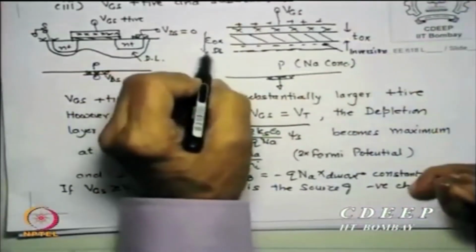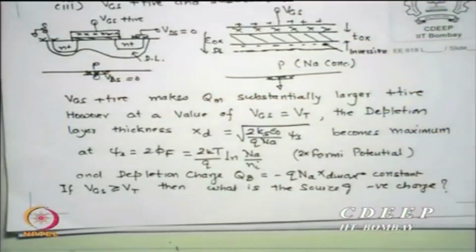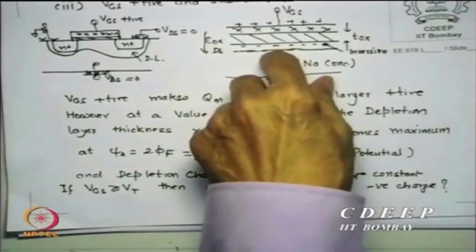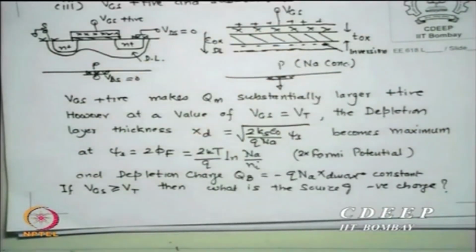However, now when you have increased VGS sufficiently, this electric field is very high, because that is the VGS you applied, psi s is very high now. At that electric field, the depletion layer is not increasing, fine, but these electrons and holes can be separated because of the additional higher electric field at the semiconductor surface.